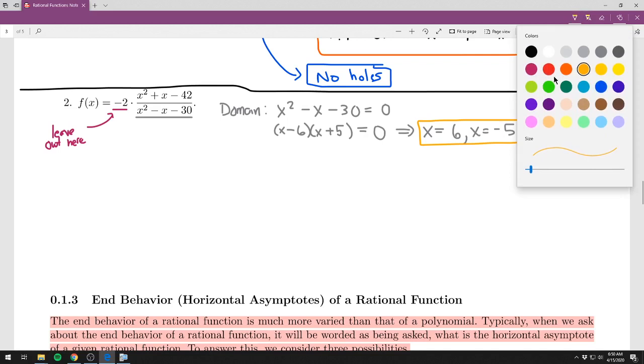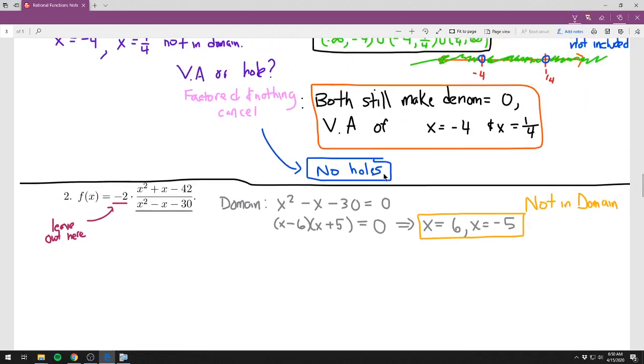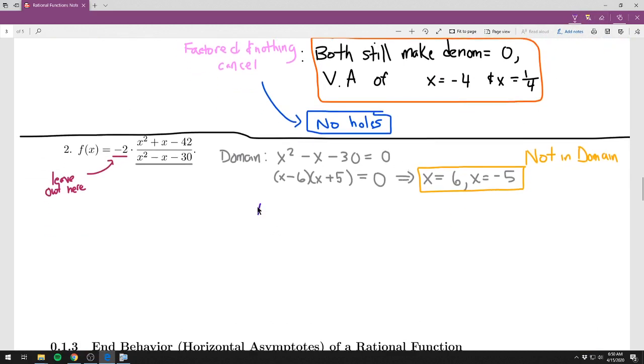The domain in interval notation. If you made a number line, it'd look exactly like this. We would mark off -5 and 6. So the domain in interval notation: we start all the way from the left, go up until we hit our first number. Be careful here. The first number is -5, the smaller one.